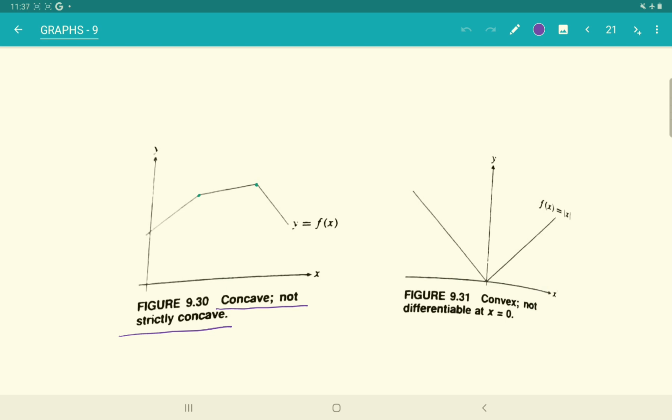But usually what we see is that if you have a twice differentiable function, it's quite easier to decide concavity or convexity. Why? Because you just have to look at the sign of the second derivative.